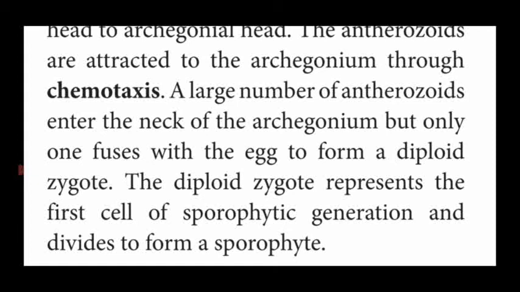The diploid zygote is the first cell of the sporophytic generation and divides to form a sporophyte with a foot, seta and a capsule. So that is the structure of the female reproductive organ, that is the archegonium.